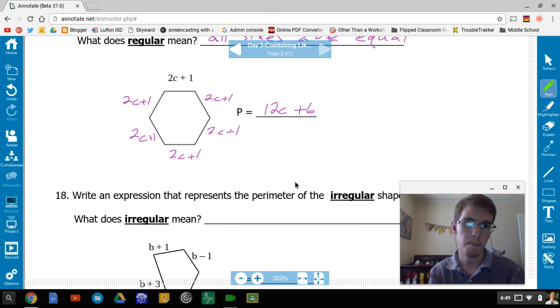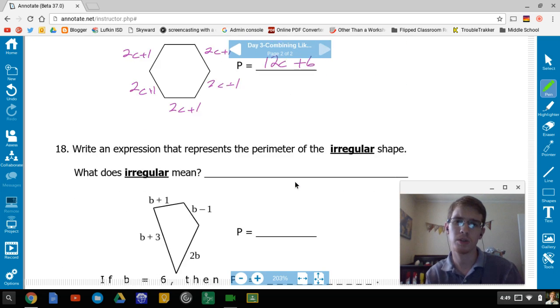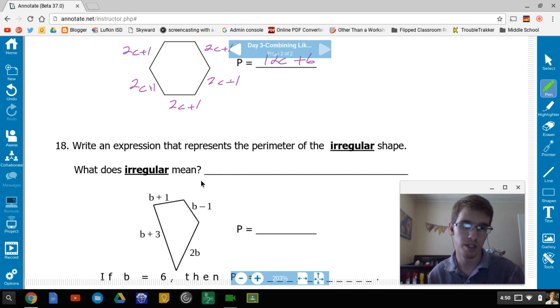Right, number 18, write an expression that represents the perimeter of the irregular shape. What does irregular mean? Well, it means the exact opposite. So it means all sides are not equal.